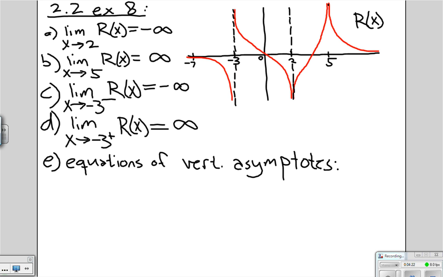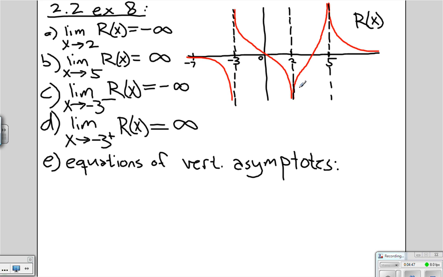Those vertical lines, I know I didn't draw them perfectly. These are sort of imaginary lines that this red curve is not allowed to cross. As soon as it tries to get close to one, it is deflected down towards negative infinity or up towards positive infinity, but it can never cross it.